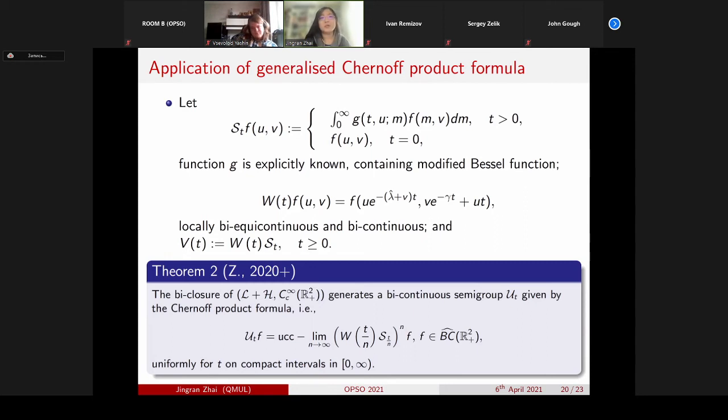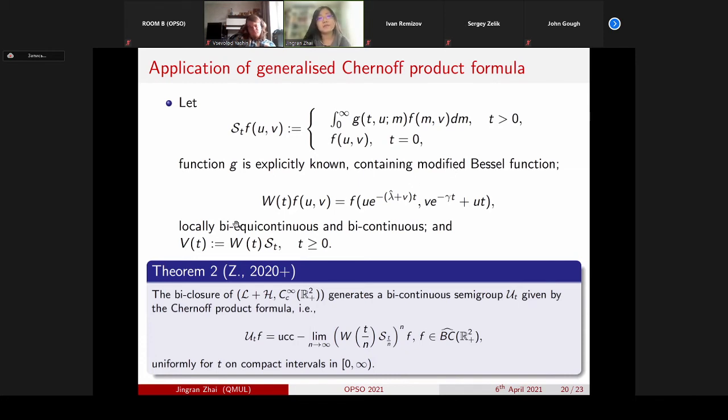For L, because the transition probability of the square Bessel process is explicitly known, we can have a nice explicit description of the semigroup generated by L in this form, and we know the function G, and it contains a modified Bessel function.